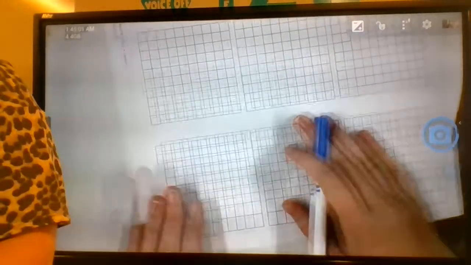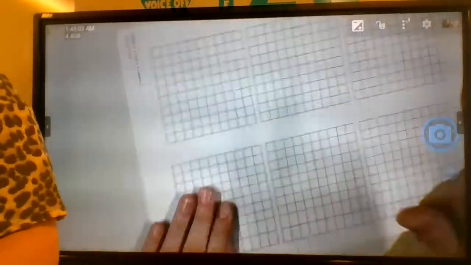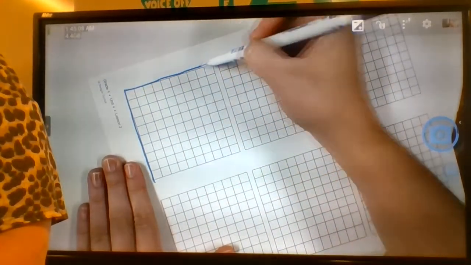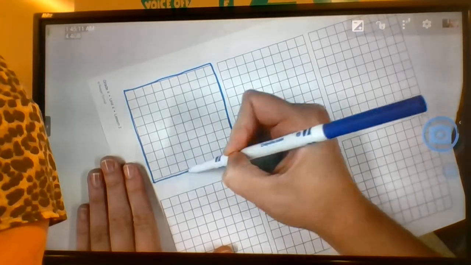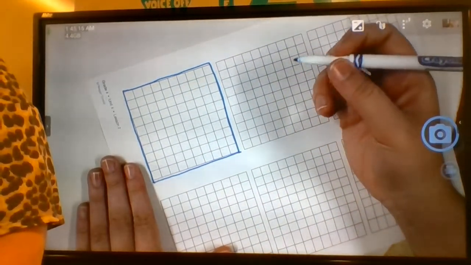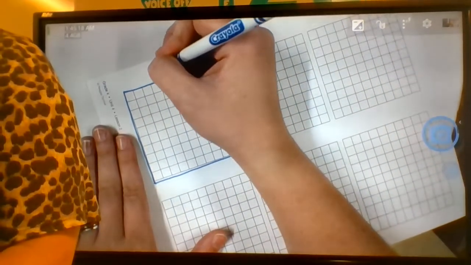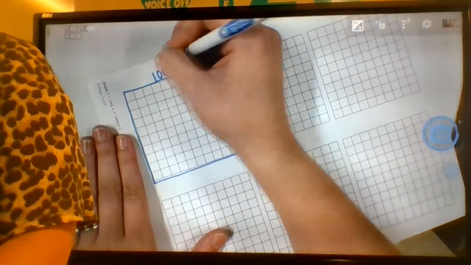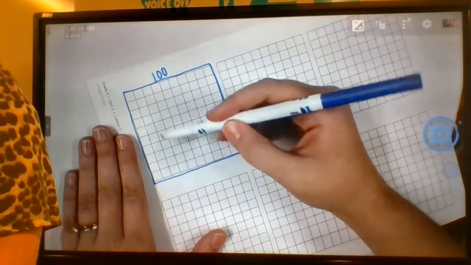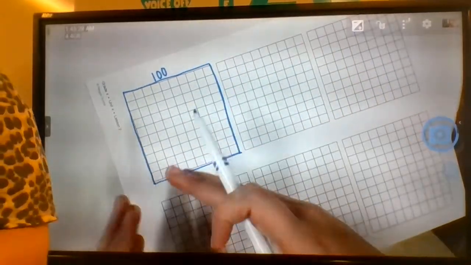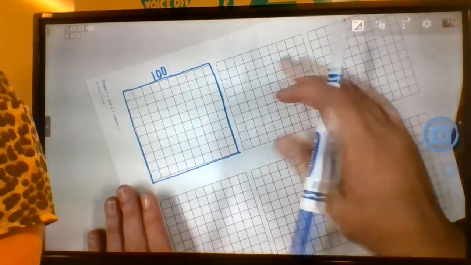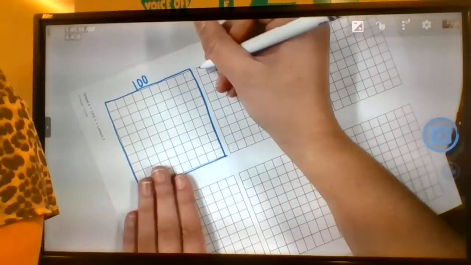One of these flats, just like you saw up there, one of the flats, that equals 100. So there are 100 squares in this flat. So each flat is one whole.